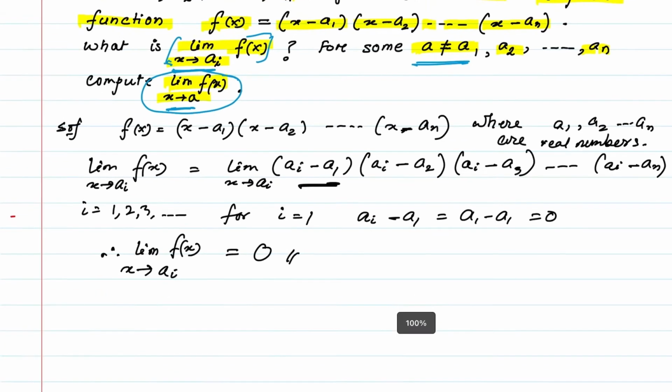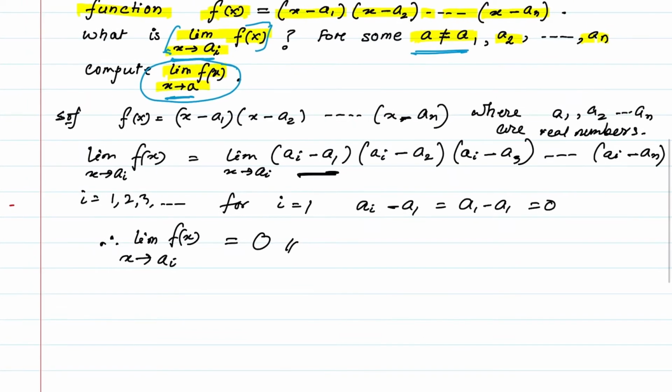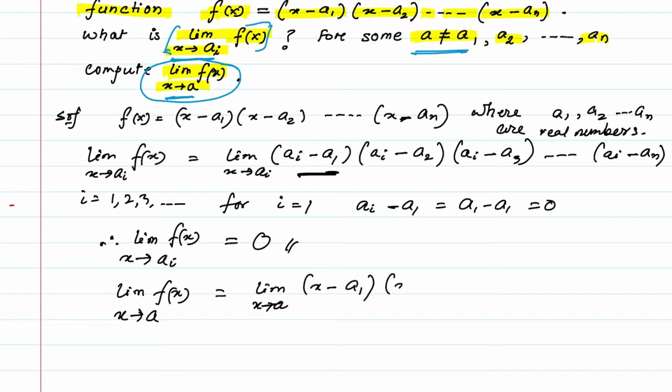Now let's find limit of f of x as x tends to a. Limit of f of x as x tends to a will be limit of x tends to a, x minus a1, x minus a2, dot dot dot and so on, x minus an.